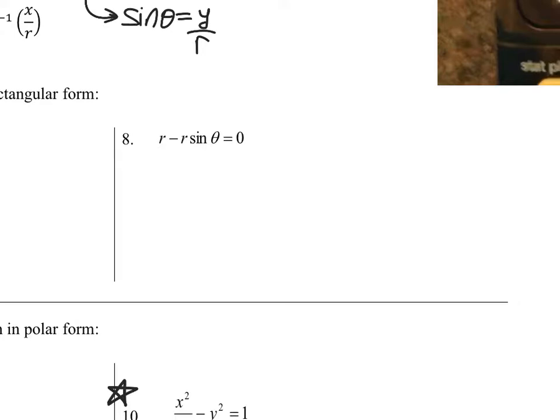So I always look at my expression and see how can I get rid of the theta. If it's not obvious, then I'll move on and try something else. All right, so r minus r times sine of theta, by definition, is equivalent to y over r.